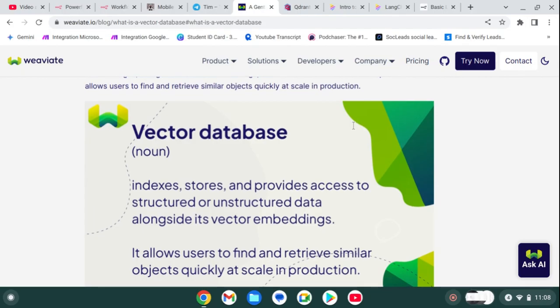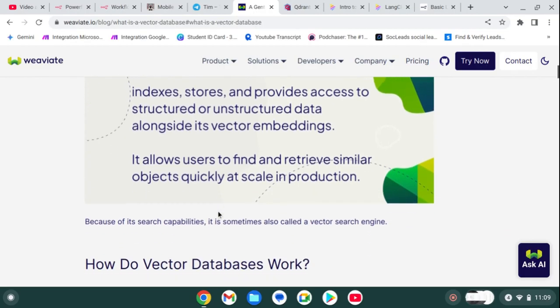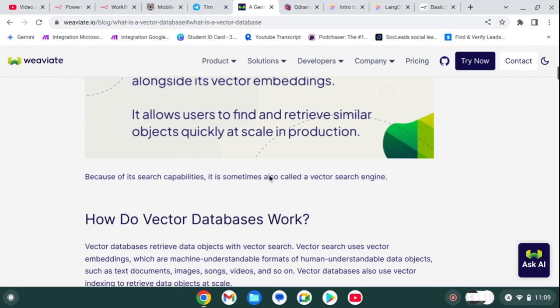So we upload data into a vector database, and when we need to find information that is similar to some image or text, we use the vector database to find it. Because of such capability, it is sometimes also called a vector search engine.